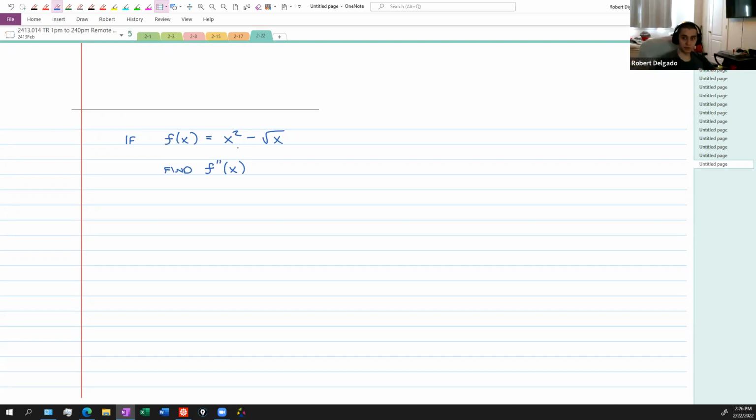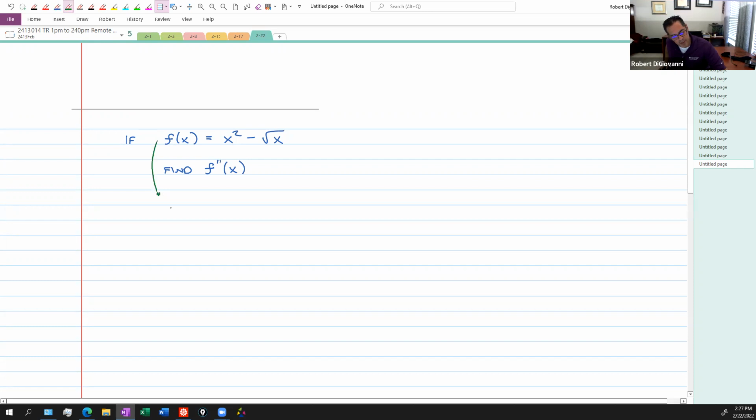Find the second derivative. Take the derivative of the derivative, right? Now that's the same problem we had just a minute ago. So we already know from the previous example that the derivative of this was 2x minus 1 over 2 root x, right? That's our derivative.